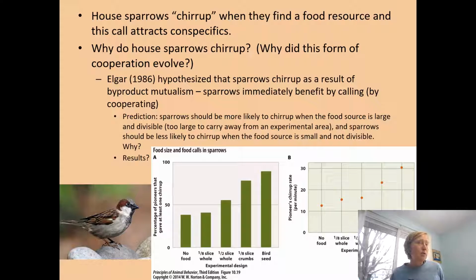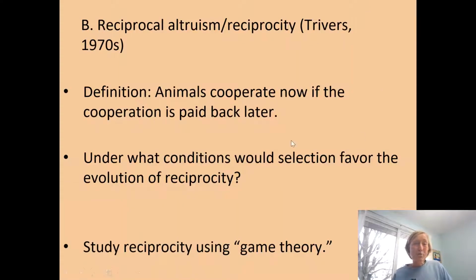They're going to alert you to predators in the area. You're both going to benefit. The chirruper and the chirrupee, if you will, are the one chirruping and the others coming in, are both going to benefit. This is cooperation by byproduct mutualism. Okay, we'll move on to reciprocal cooperation or reciprocal altruism in our next video.